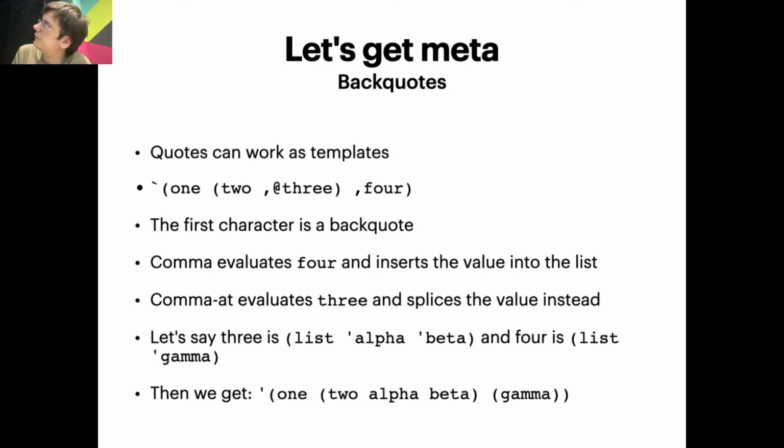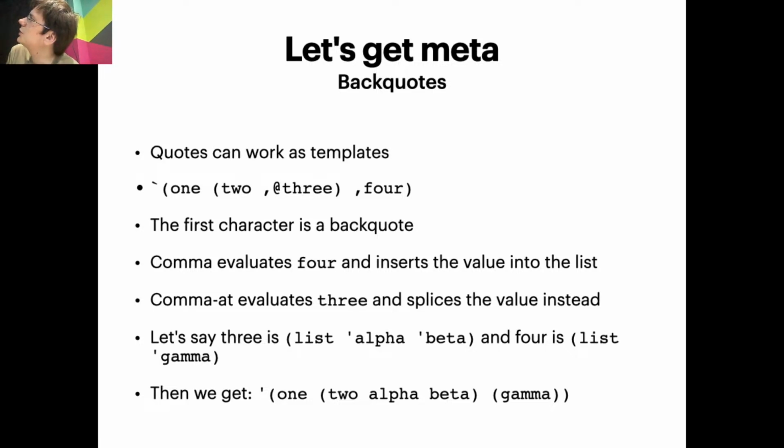Comma evaluates whatever comes after it, so it overrides the quotation and evaluates whatever comes after it. In this case it would evaluate the value of the variable 4 and insert its actual value into our list.